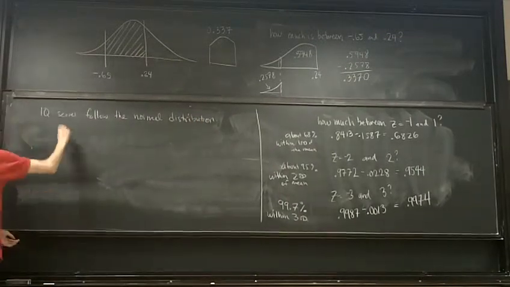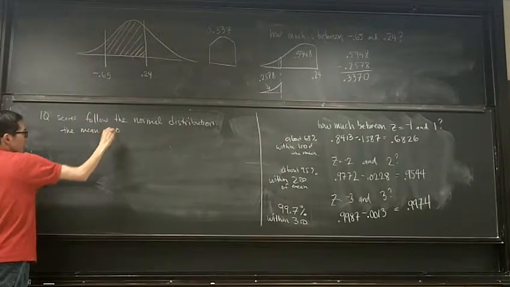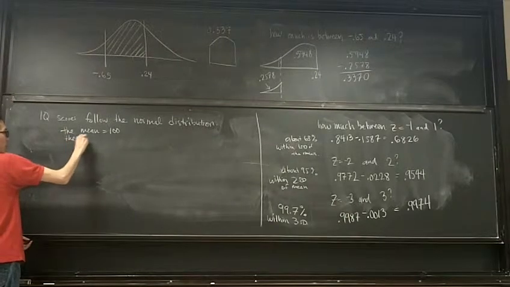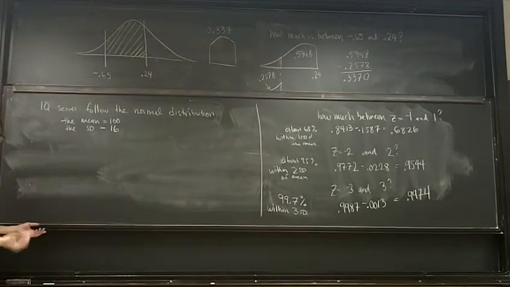The mean is an IQ of 100. The standard deviation is an IQ of 16, or 16 IQ points.